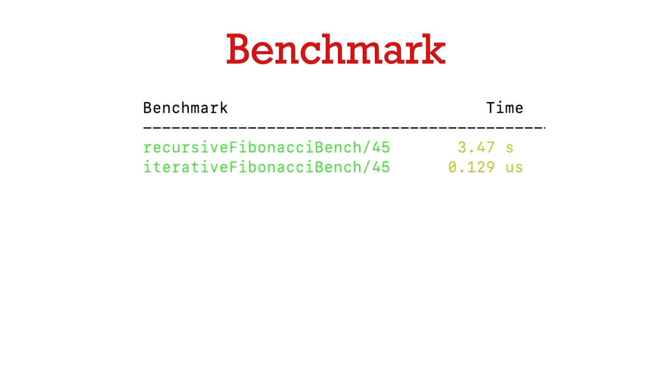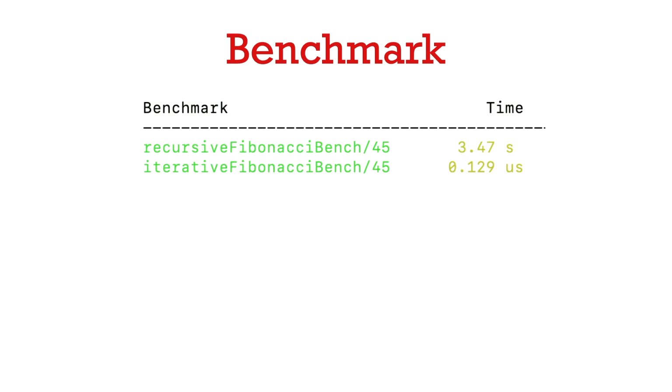So that's the iterative function that I'm comparing against here. And computing the 45th Fibonacci number, we see the recursive version takes almost 3.5 seconds, whereas the iterative version is under a microsecond. Okay, so the recursive version is more than 10 million times slower computing the 45th Fibonacci number.